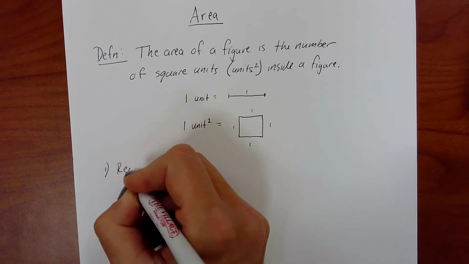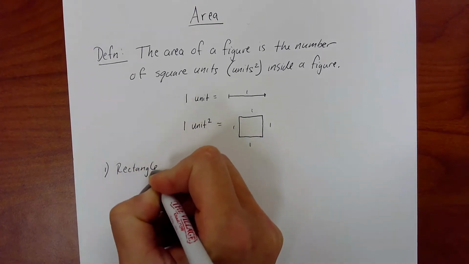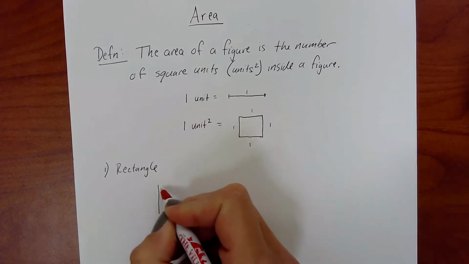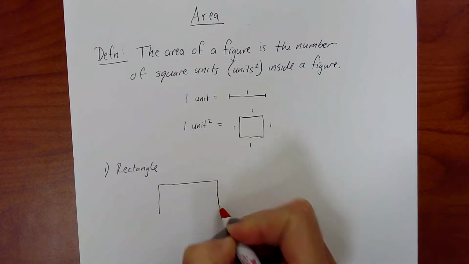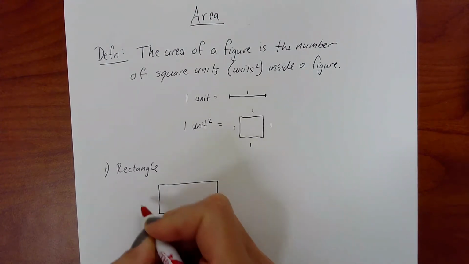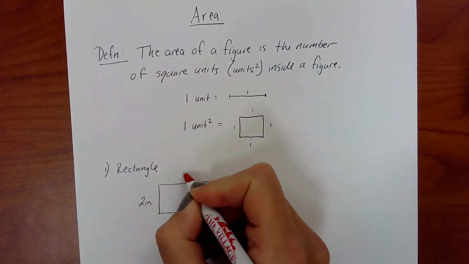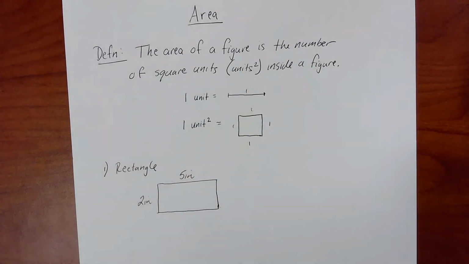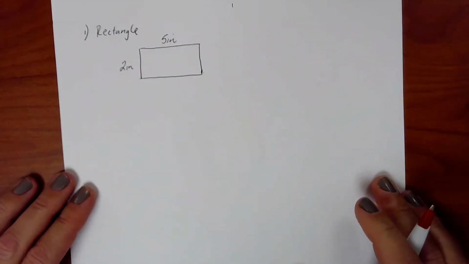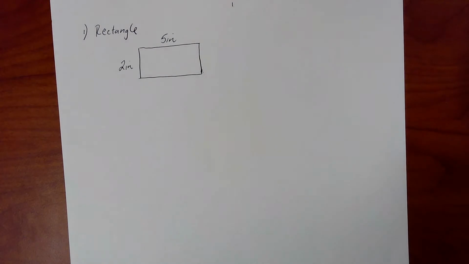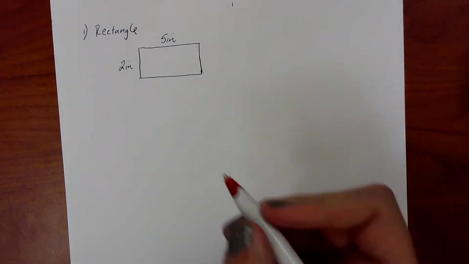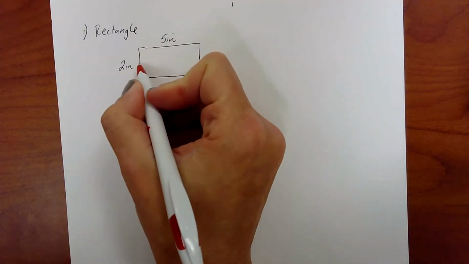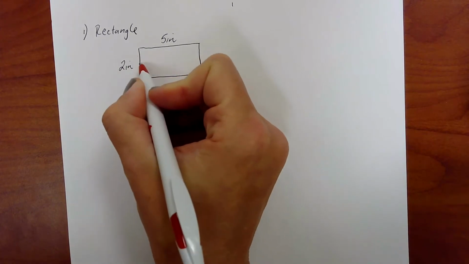Let's look at a rectangle first. Probably the easiest one to cut up. If you draw a rectangle, let's say it's 2 inches by 5 inches, you could divide it up. If this is 2 inches, maybe here that's 1 inch, 1 inch.